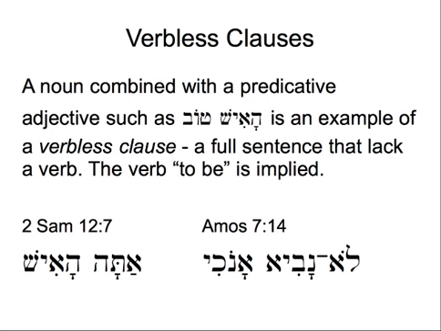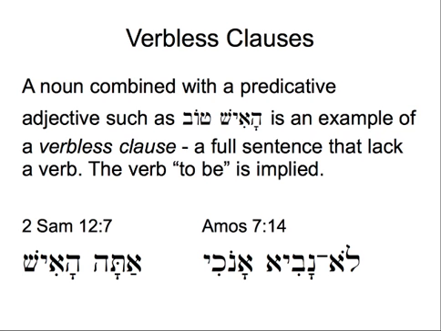Nabi is prophet, and anoki is the first common singular pronoun, so I. Literally, no prophet I, or not prophet I. Well, we've got to supply a verb in this sentence for us to actually understand it in the English, and so it can be done one of two ways. It could be I am not a prophet, or I was not a prophet.